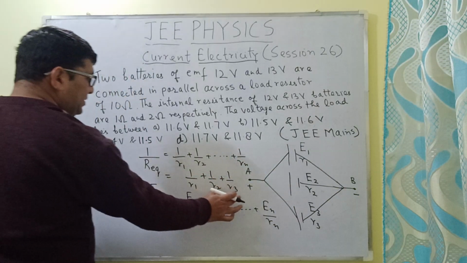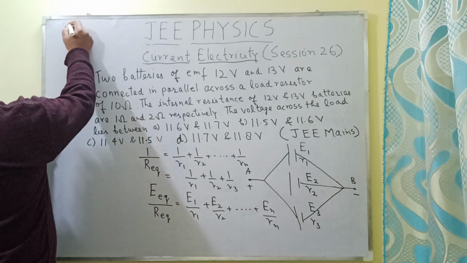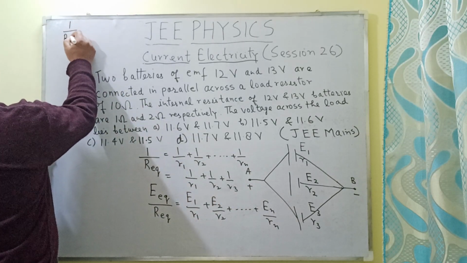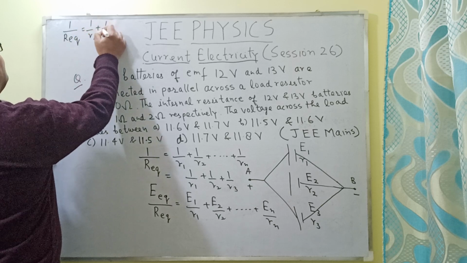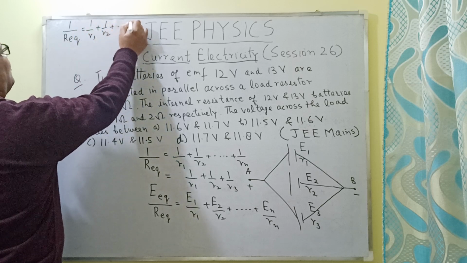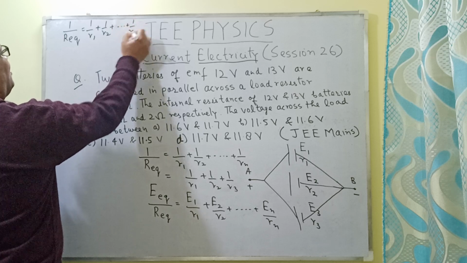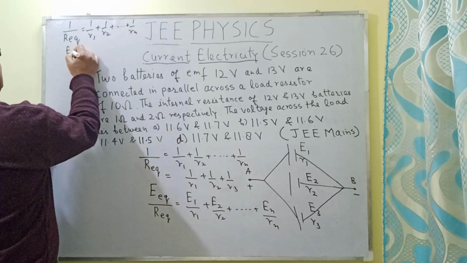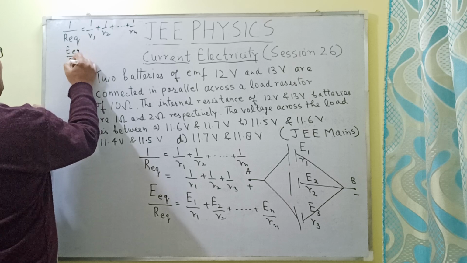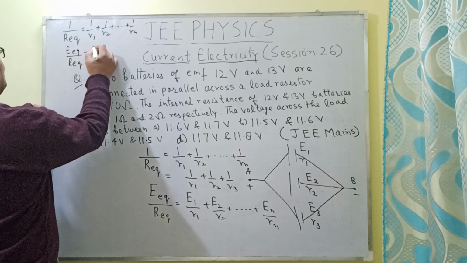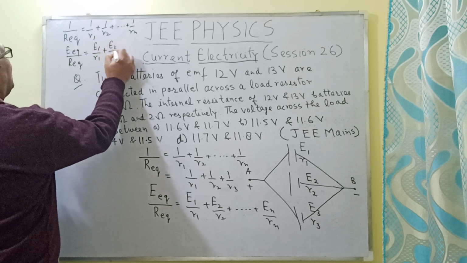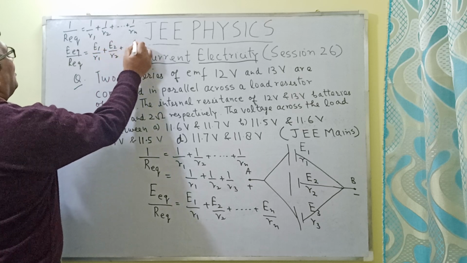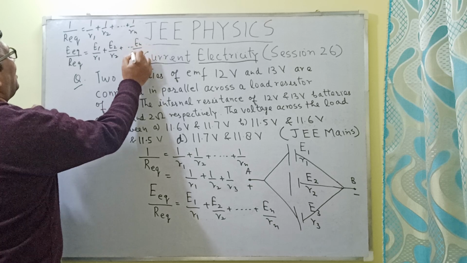So I will be writing these 2 formulas on the top: 1 by R equivalent is equal to 1 by R1 and so on, and E equivalent divided by R equivalent is equal to E1 upon R1, E2 upon R2, En upon Rn.